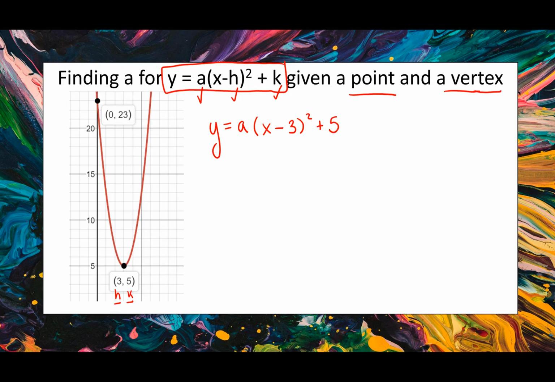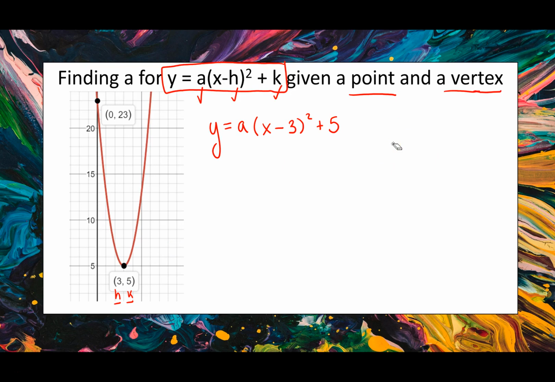And it's always good to pause and check that that's correct. Is our vertex correct? Well, we always take the opposite of this and get a 3. Take the same thing here and we get a 5. Is it true that (3, 5) is our vertex? Yes. So I always think it's a good idea to stop and say, did I put this in correctly?